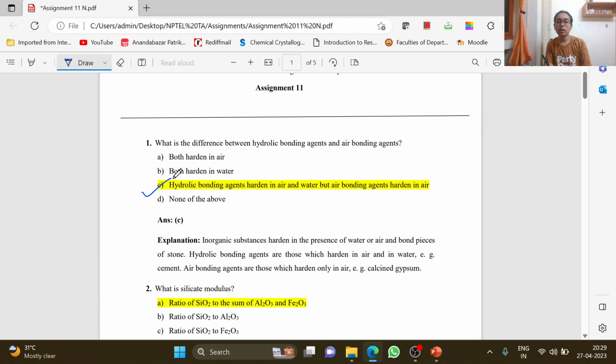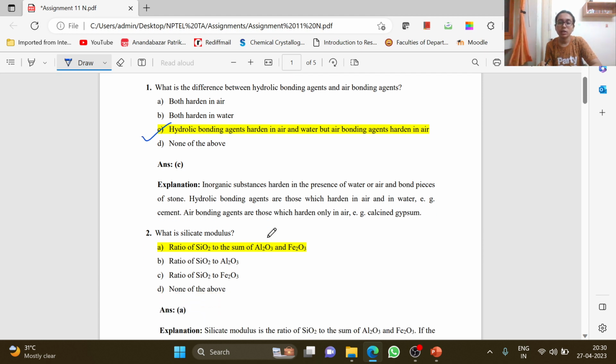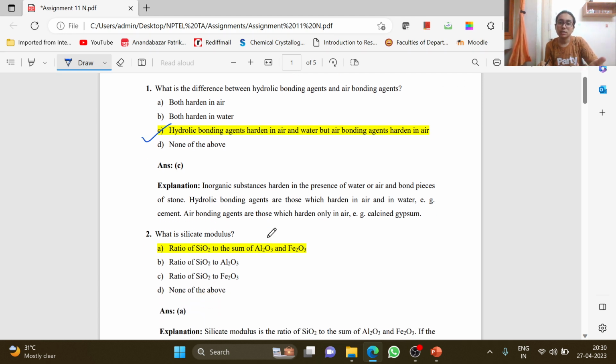All the bonding agents, inorganic substances, harden in the presence of air and water, and they bind pieces of stone. But hydraulic bonding agents are those which harden in both air and water, like cement. Cement can harden in the presence of air, and also if we add water.